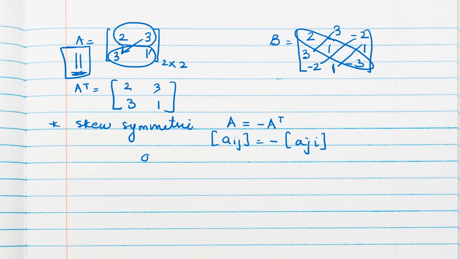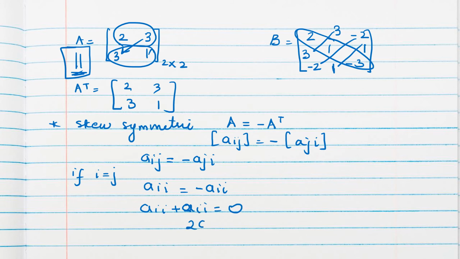So if I consider one element of this expression, Aij is equal to minus Aji. Condition on diagonal element means i equal to j. If I substitute here, I'll get Aii equal to minus Aii, isn't it? Minus Aii will come here, plus Aii. That means 2Aii equal to 0, Aii equal to 0.